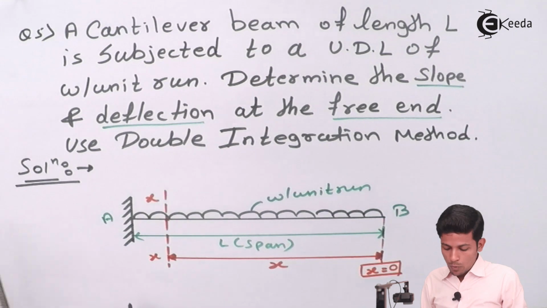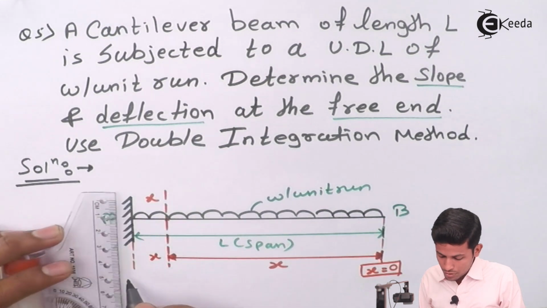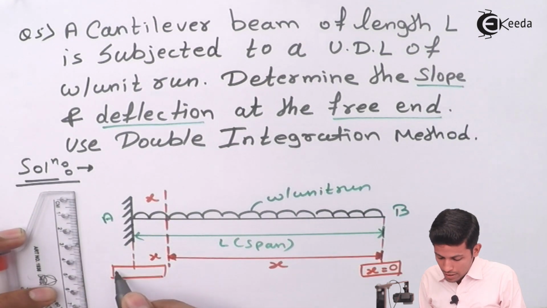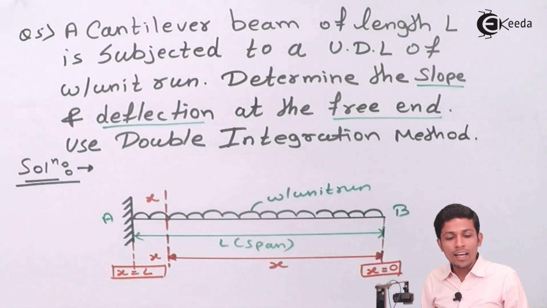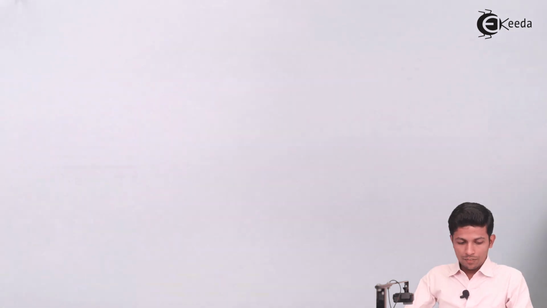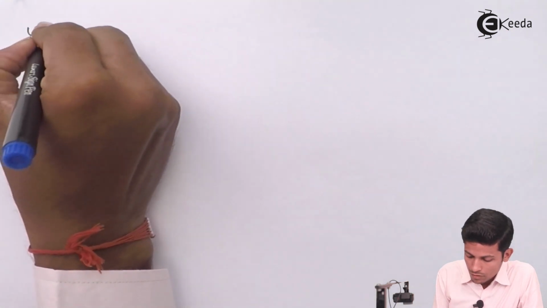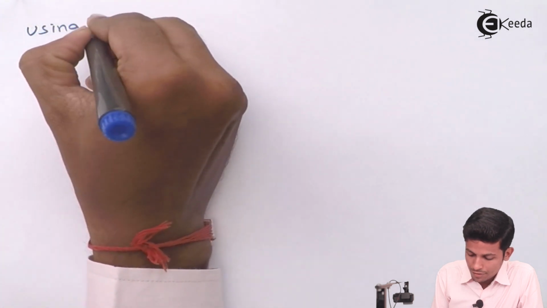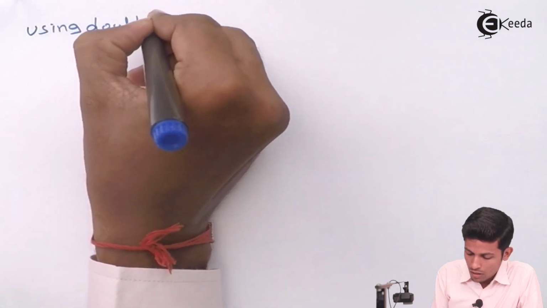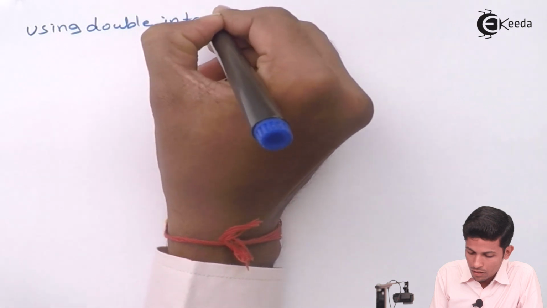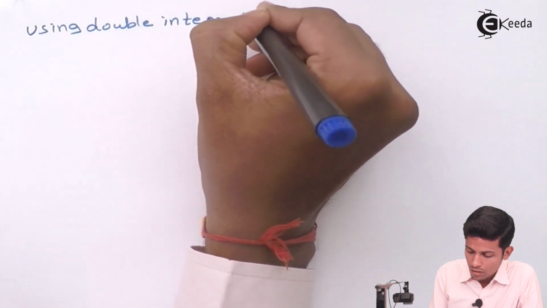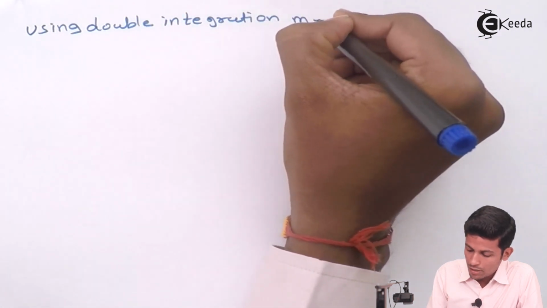Now we have to write one more box, where x is equal to L. Now, using the double integration method.